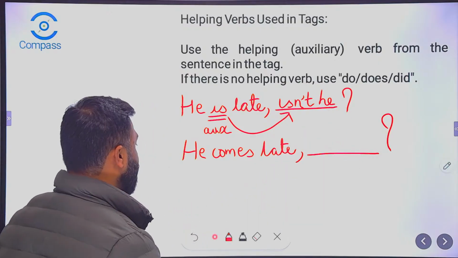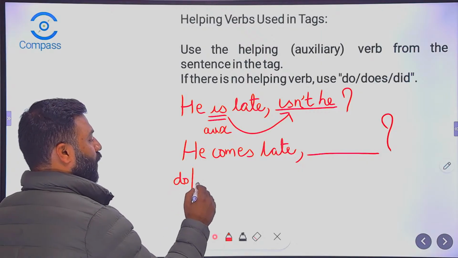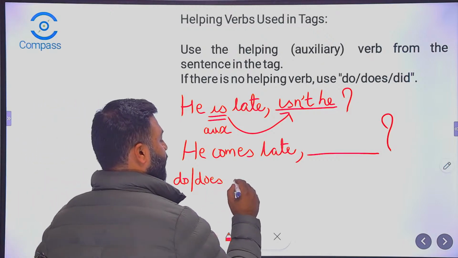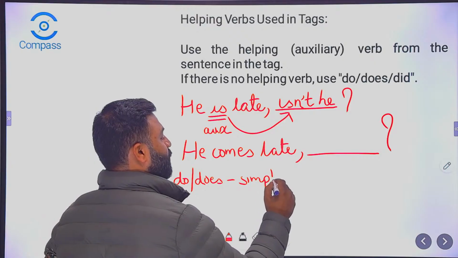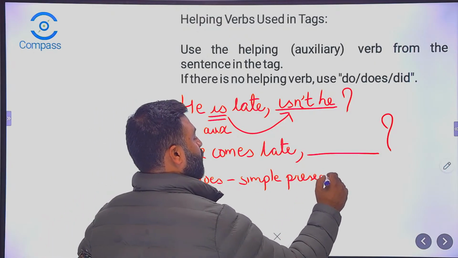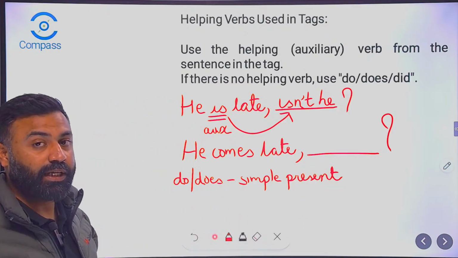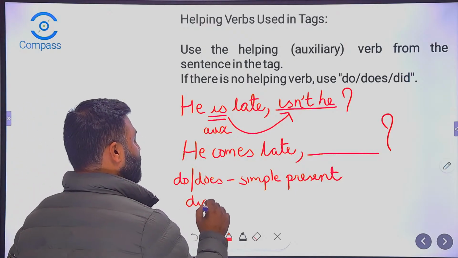Now, do and does, let me write down here: do or does in case of simple present tense, and did in case of simple past.